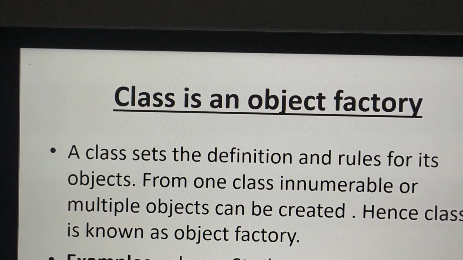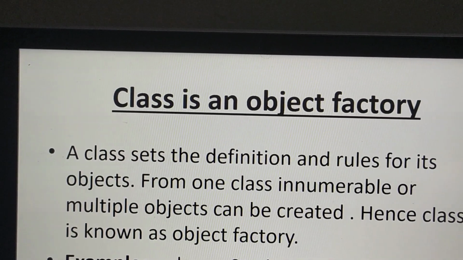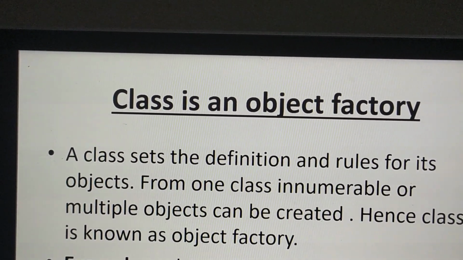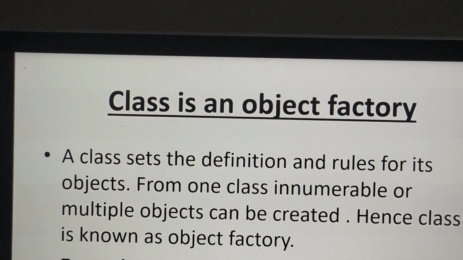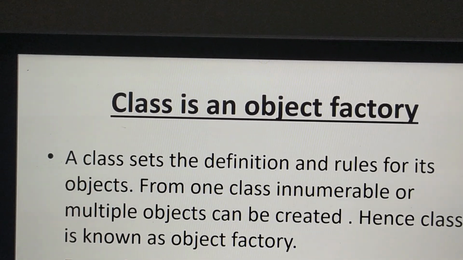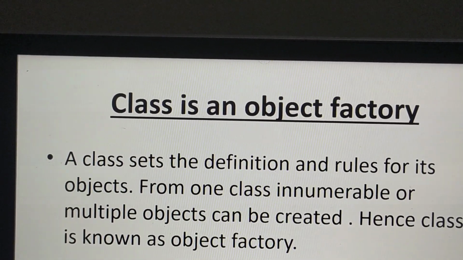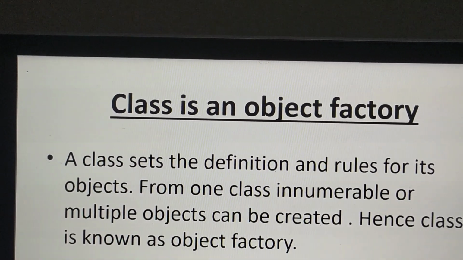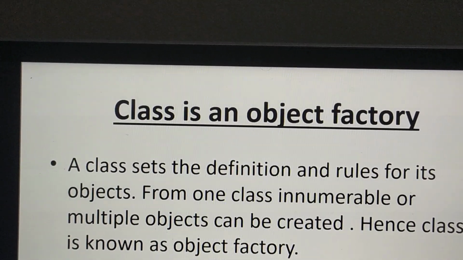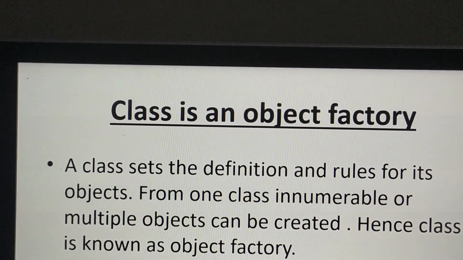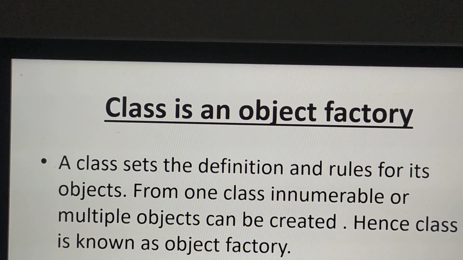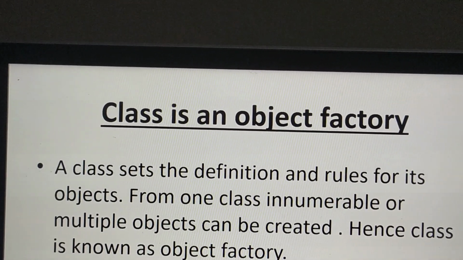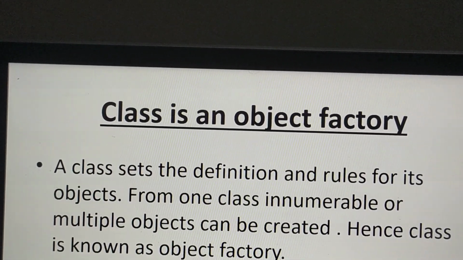In a factory, similar types of products or items are prepared. For example, take a toy factory. It is responsible for creating toys. Do you think the factory creates only one toy? No, it is responsible for creating multiple, innumerable toys.